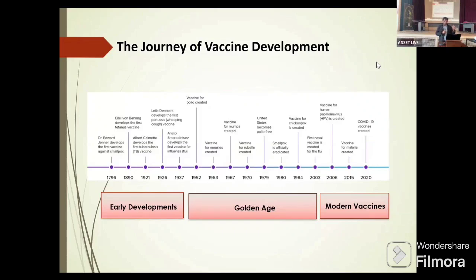In the late 1960s, because of influenza, there was a big impact on human health. Millions of people were saved because of that. And then the golden age of vaccines, we call the age of 1950 to 1980, because so many diseases were reduced because of the vaccines.